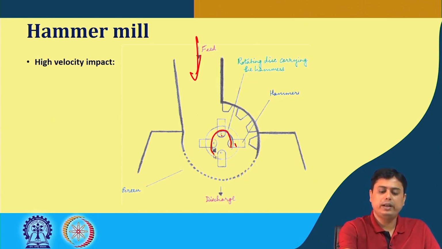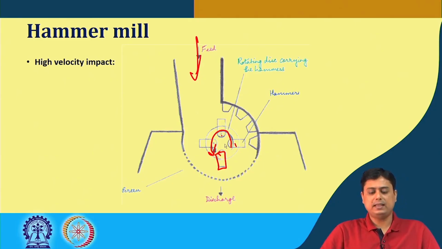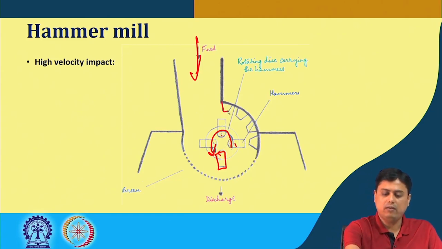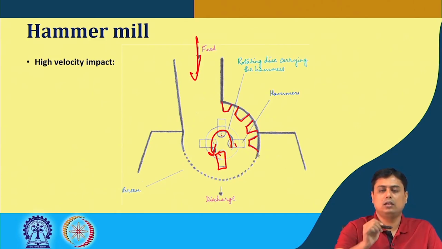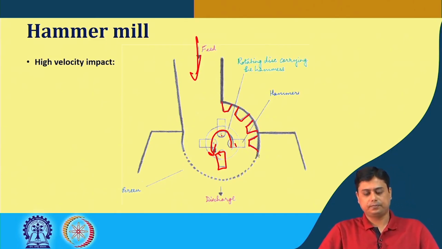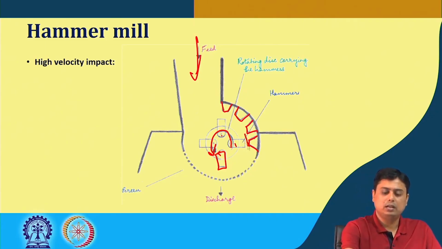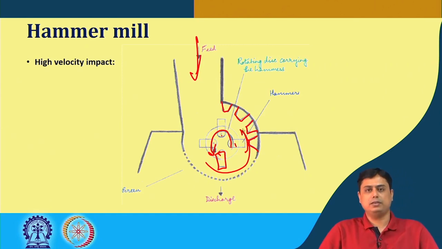So, this rotating disc rotates, and these are the hammers that are attached to that disc, and on this surface we have other static surfaces, extrusions, which help in crushing the particles when they go through this space.